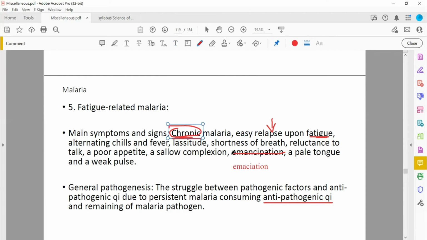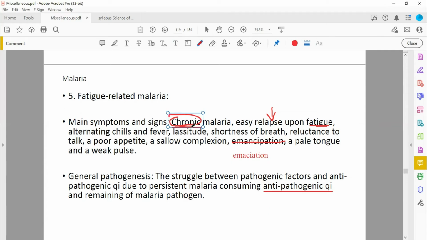So that means the malaria pathogen is lingering in the body, and the healthy qi is not strong enough to repel it or drive it out. So in this situation, the healthy qi is deficient, then it will turn into chronic malaria.